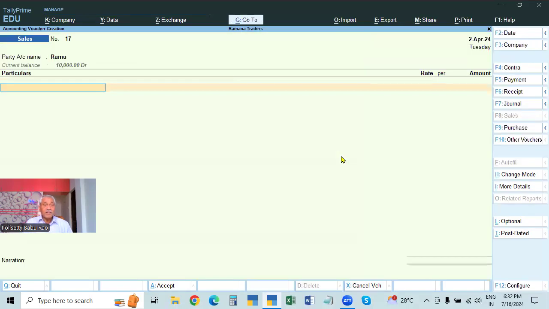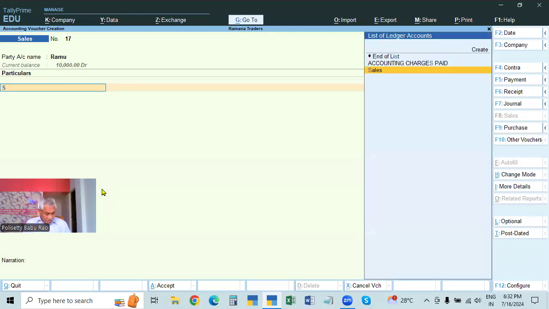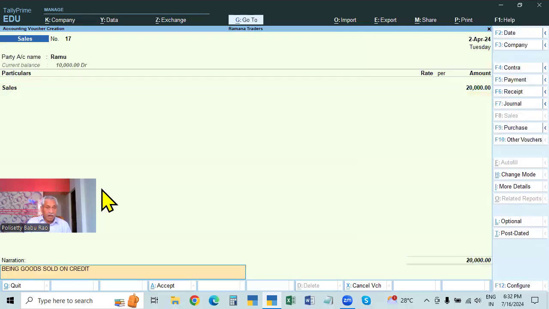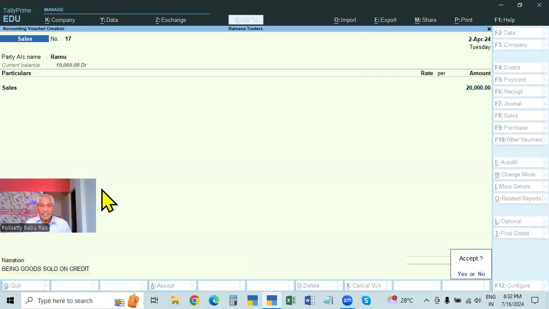So Ramu account is debited, and credit account is sales. Yes, sales account. Just type yes, it will come. Okay. Sales account, for example, we sold for 20,000 rupees.